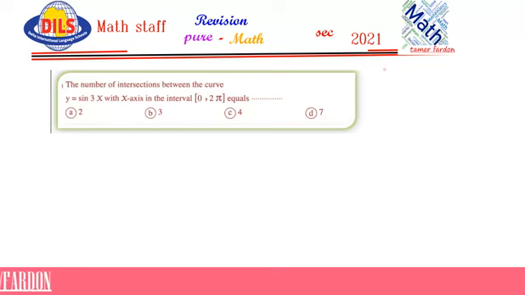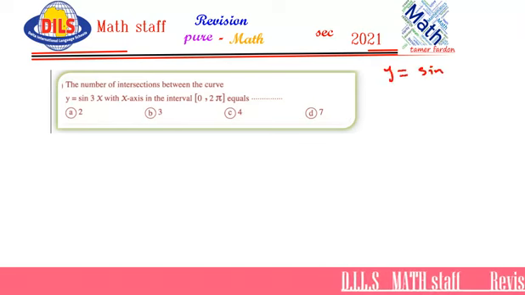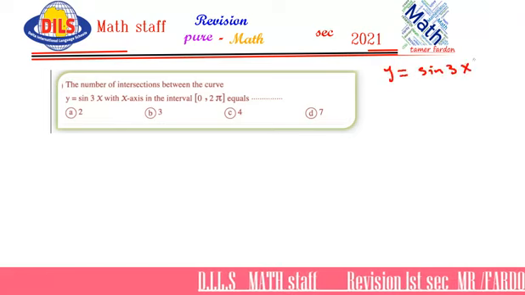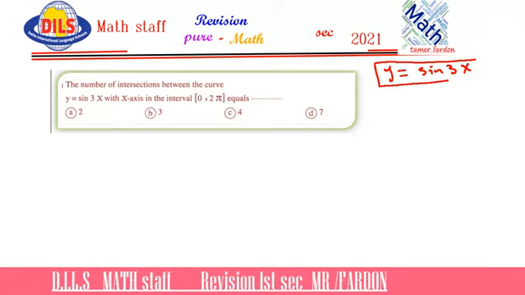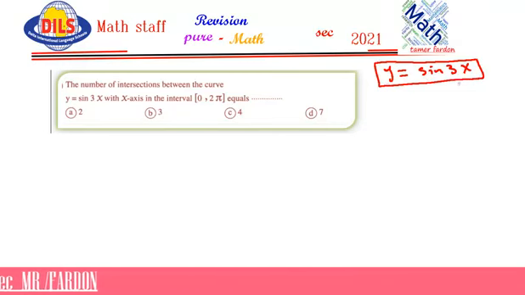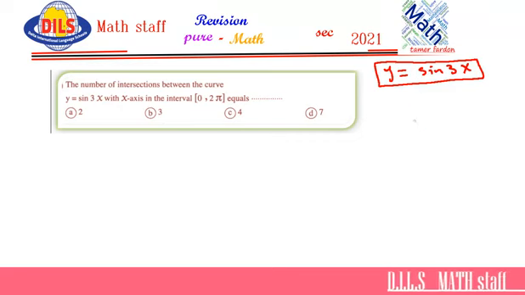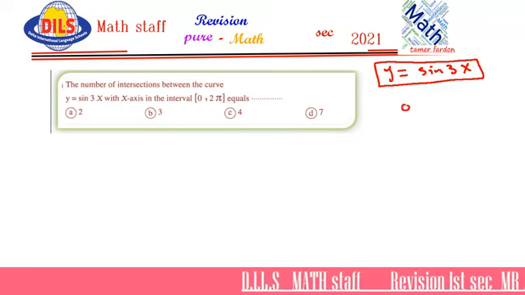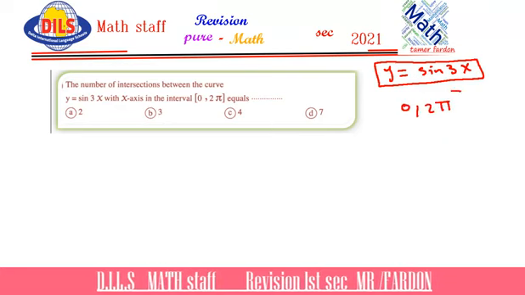The given sine function is sine 3x, and we need how many times the curve of y equals sine 3x intersects the x-axis in the domain 0 to 2 pi.